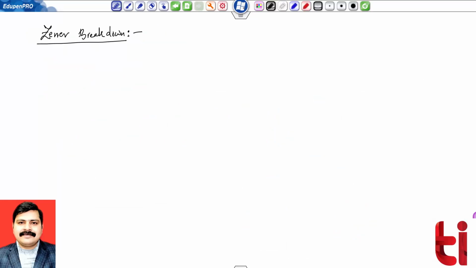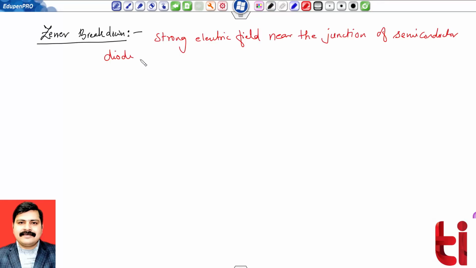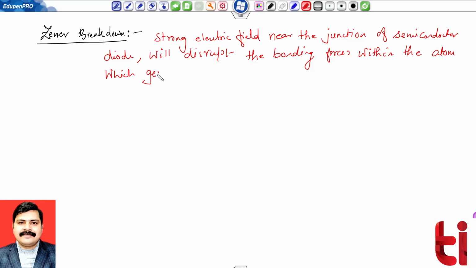The strong electric field near the junction of the semiconductor diode will disrupt the bonding forces within the atom, which generates the charge carrier.